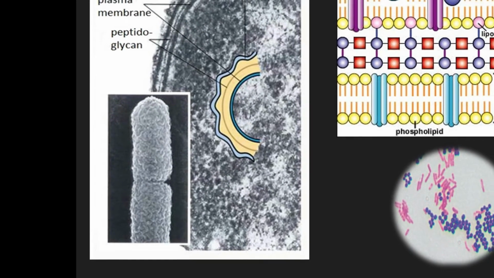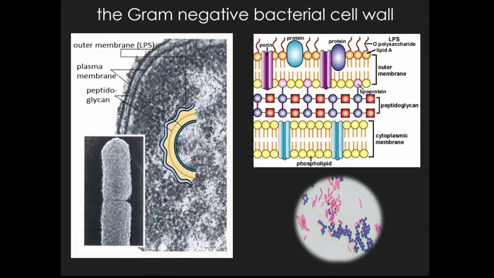So when Hans Christian Gram stumbled across this procedure, he didn't just give us a way of identifying gram-positive and gram-negative cells as a way of categorizing them. It turns out that there are antibiotics that target peptidoglycan and target the outer membrane and things like that. And so knowing whether a cell, an infectious organism, is gram-negative or gram-positive allows us to begin treatment that is more focused.